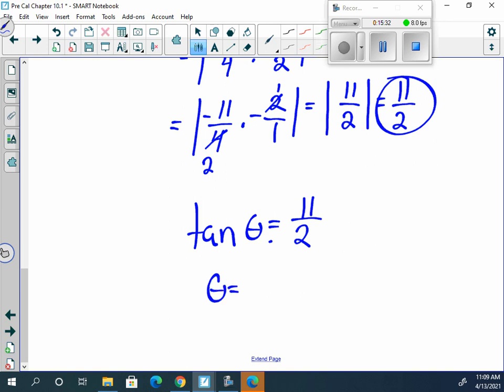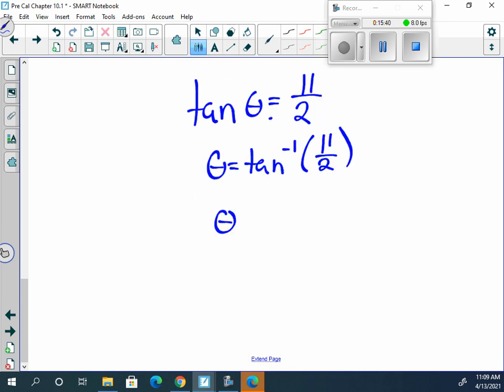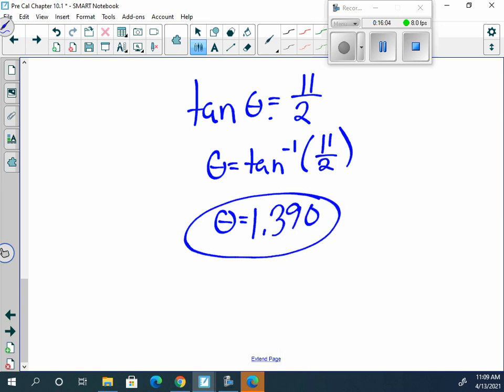So we have to take tangent inverse of 11/2. 3.390, no, 1.390. I was like, that looks a little big. 1.390 would be our angle between these two lines.